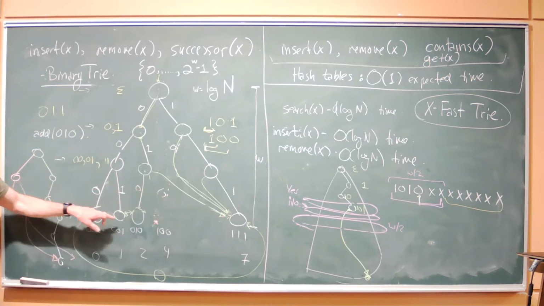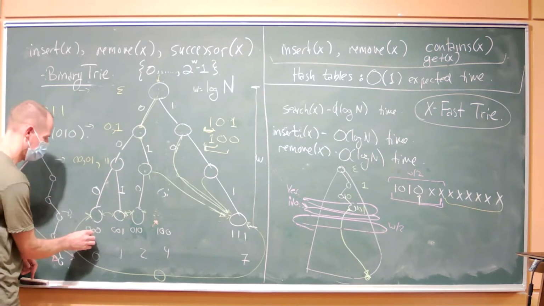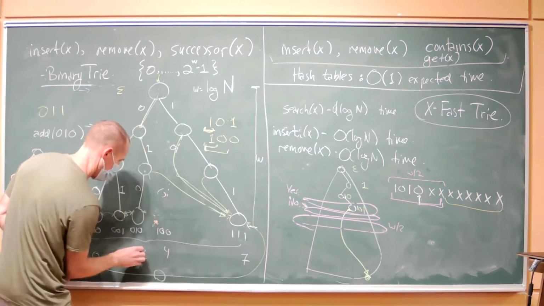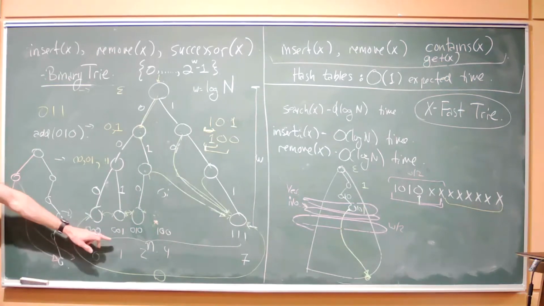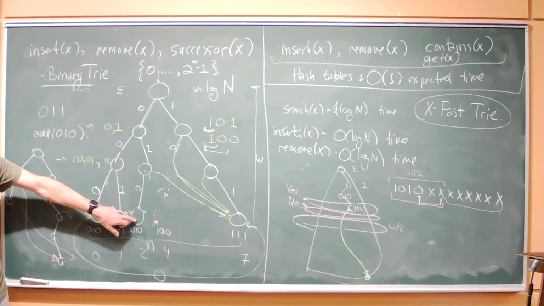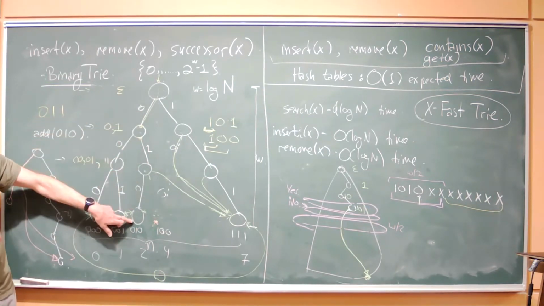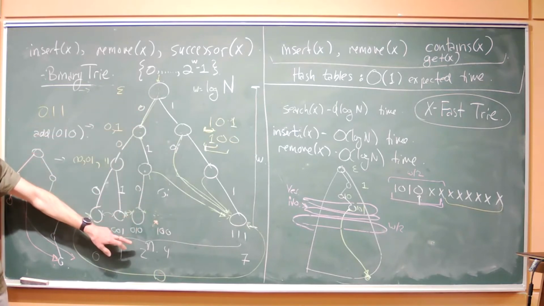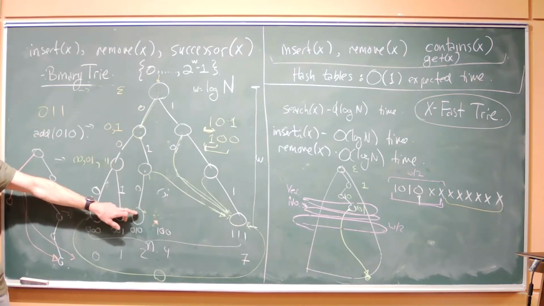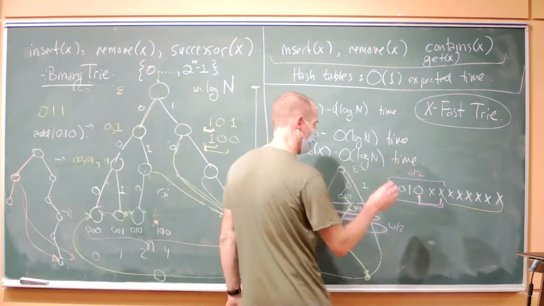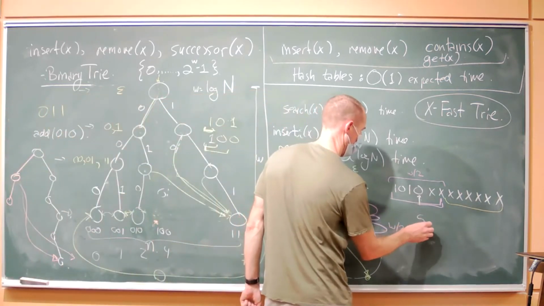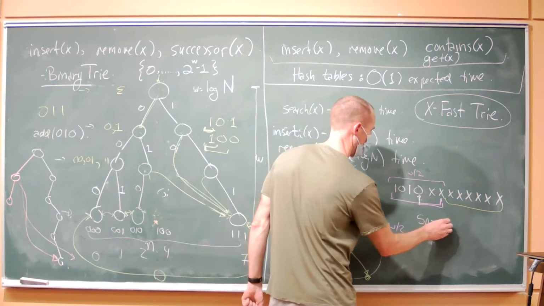So the number of leaves is little n, the number of things actually in our set. Each of those leaves has a path leading up of length W, so the space is not more than n times W. That's not a small thing, but we'll fix that later.